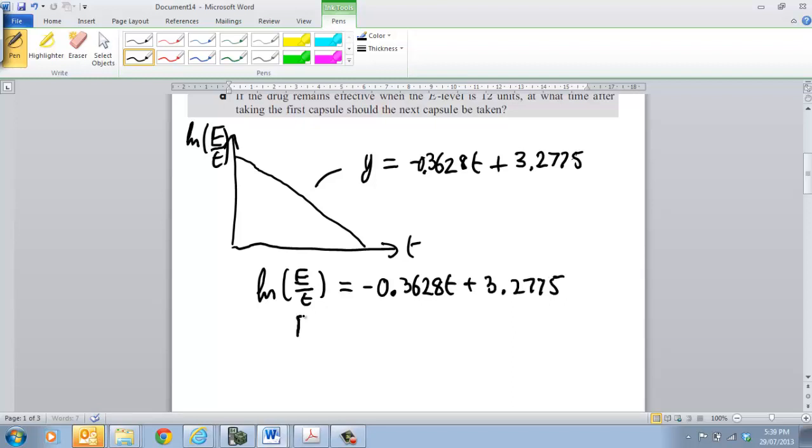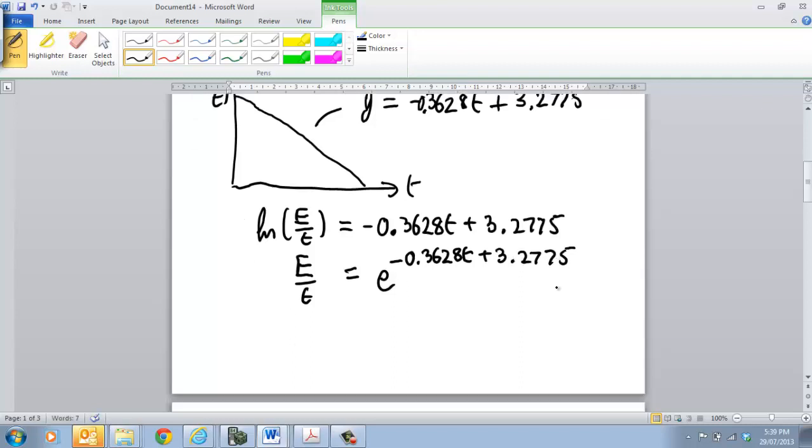So when we do that, that becomes E on T over there, and this side becomes e to the negative 0.3628T plus 3.2775.